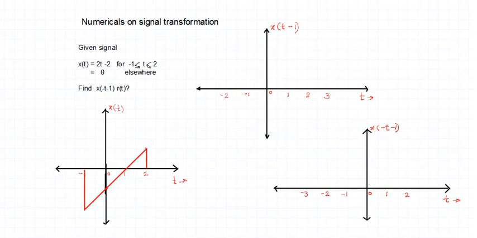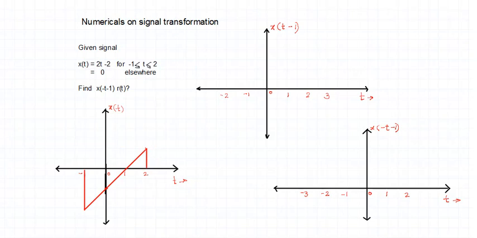Here also the signal comes to 0. Why? Because they have said everywhere else the signal is 0. So outside this range, greater than 2 and less than -1, it is 0. So you need to bring these signals to 0. So this is your given signal.